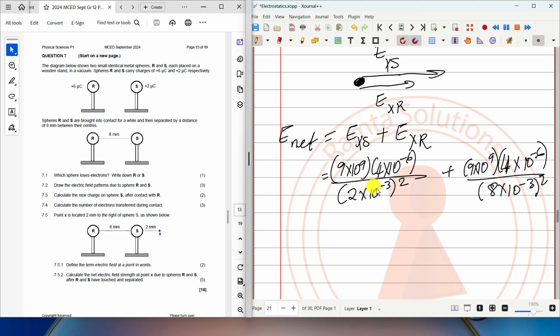Oh, I think I made a mistake and I have to fix that mistake, guys. The point R is not 8 millimeters away, but rather 10 millimeters away. As you can see, 8 plus 2, so it's 10 millimeters away. Let me confirm.